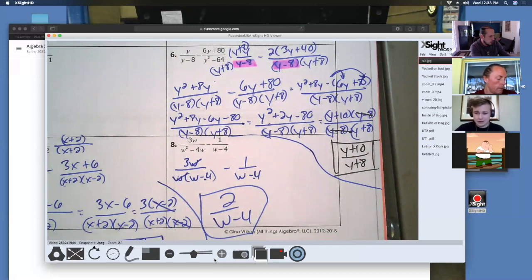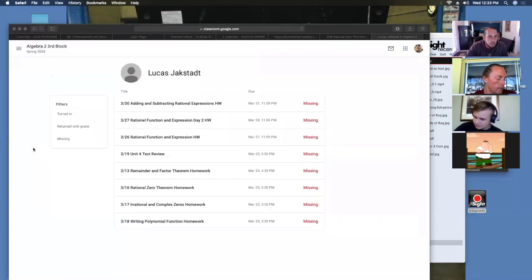I have a question on a completely different homework, the unit 4 test review. Like number 30, I don't understand how to do those problems. Actually, the best way is probably to pull it up here so I can see it.